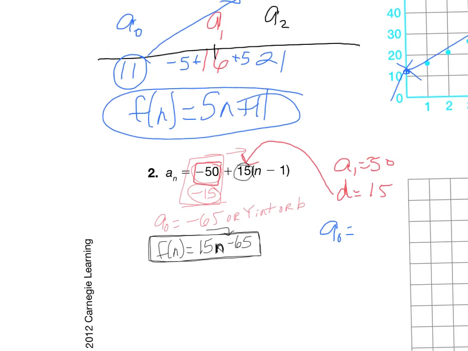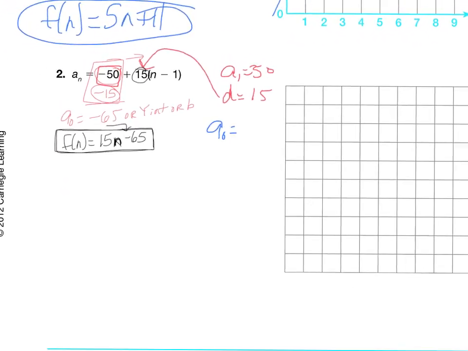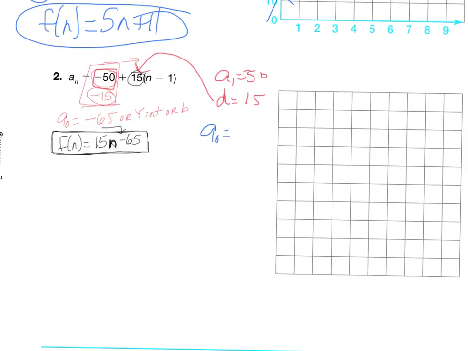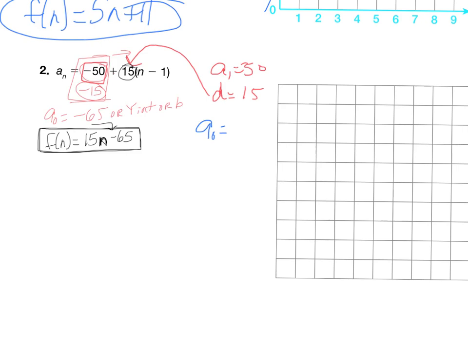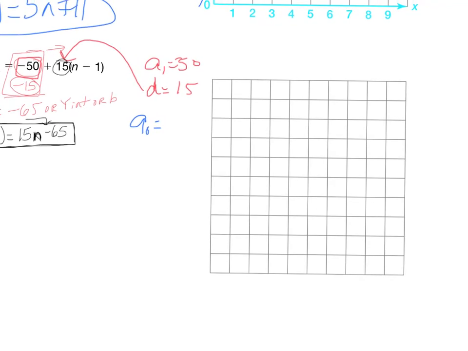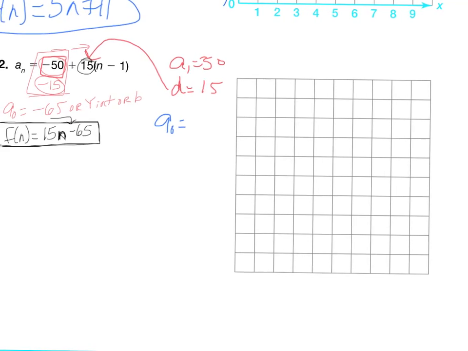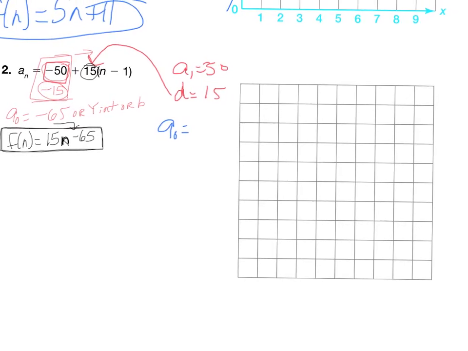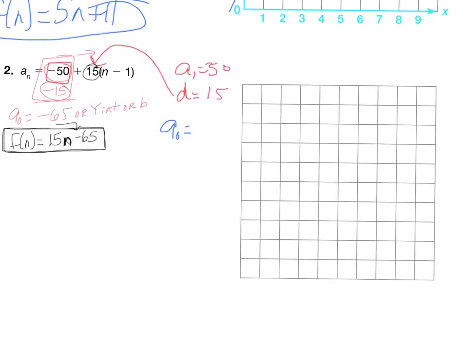It asks you to graph as well. So there's no scale here, but it starts at -65. So maybe these are by tens, and it's going up 15. So maybe we can make the x-axis here.